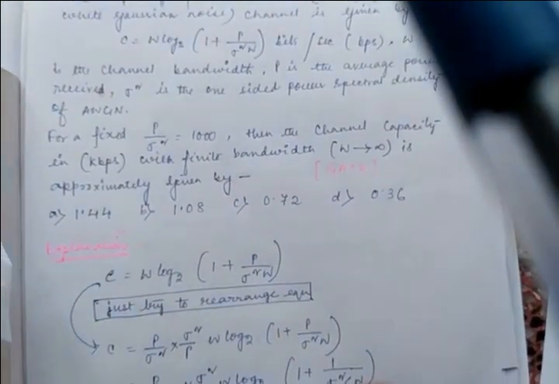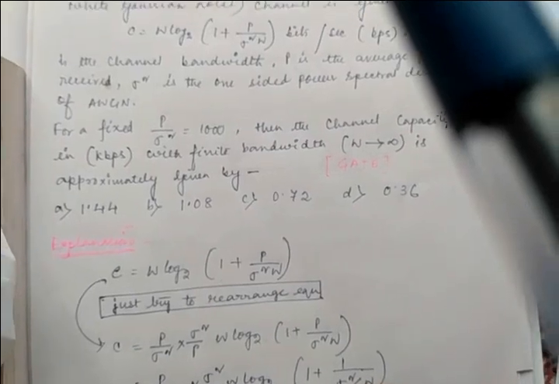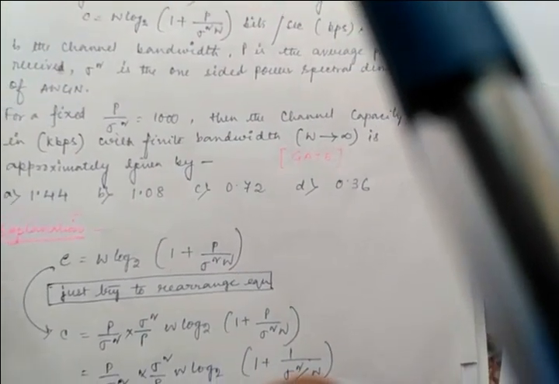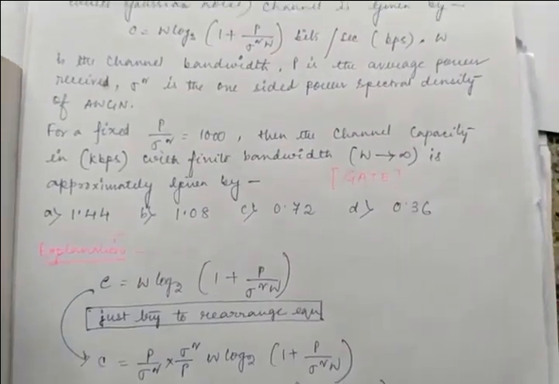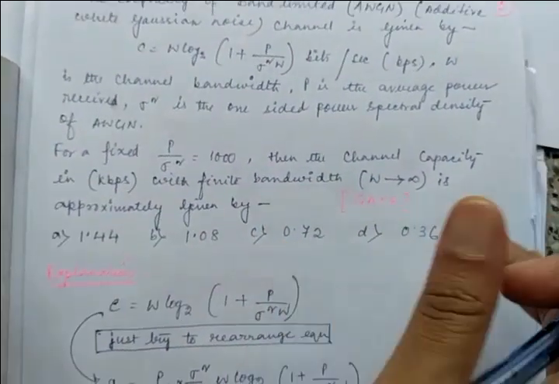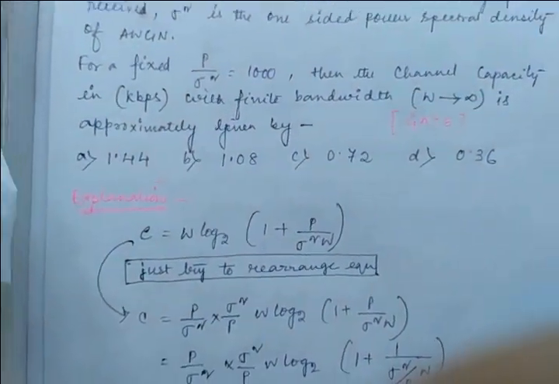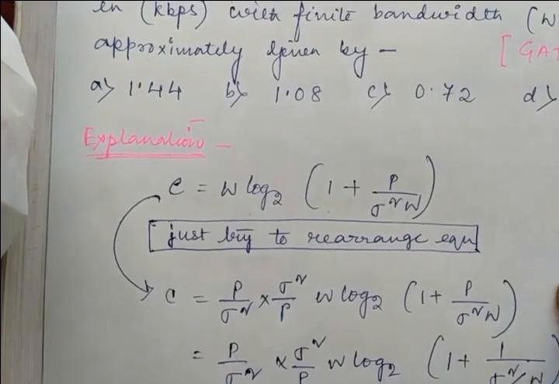W is the channel bandwidth and P is the average power received. Sigma square is nothing but the one-sided power spectral density of your AWGN. And for the fixed value, P by sigma square is given, that is 1000. So this is the main important logic.